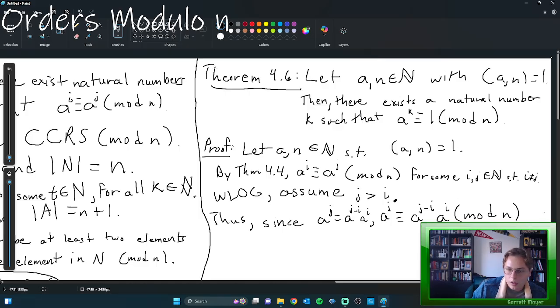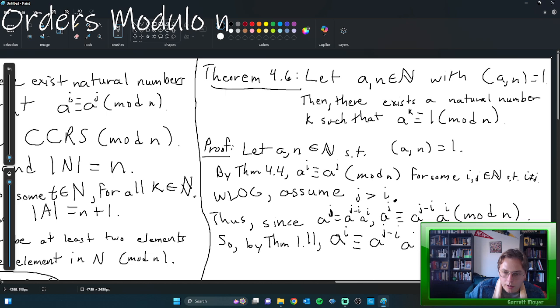So by theorem 1.11, I realized I did something inefficient in my proof, but I'll correct that in the next step. But a to the power i is congruent to a to the j minus i times a to the power i mod n.